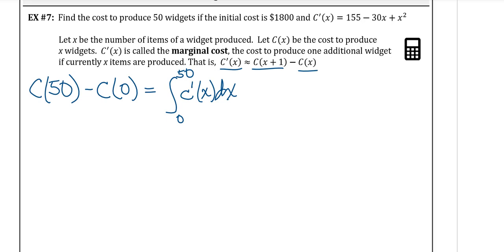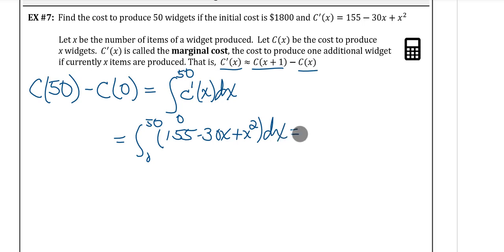And so we're going to substitute in the function they gave us, the integral from 0 to 50 of 155 minus 30x plus x squared dx. And so this becomes 155x minus 15x squared plus 1/3 x cubed, evaluated between 0 and 50.